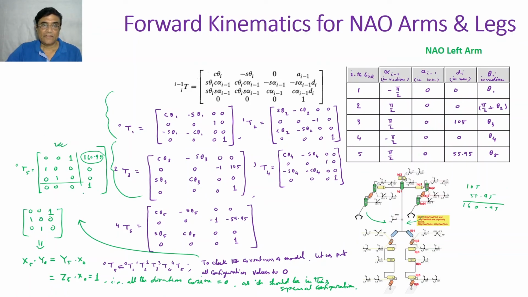Here you can check that x5 dot y0 equals y5 dot x0 equals z5 dot x0 equals 1, that is, all the direction cosines equal 0. Once you get this, you can infer that you have correctly assigned your coordinate frames, and everything is correct.